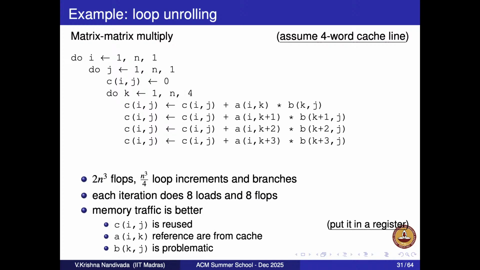Now I moved this upstairs, so I get this one. What do I have now? Do K, do K, do K, do K. K goes from 1 to n by 4.